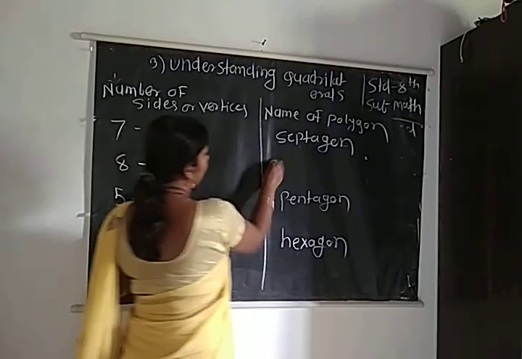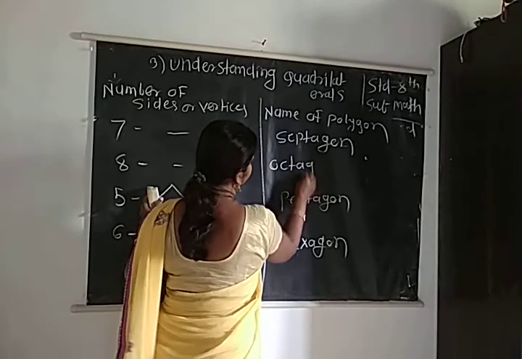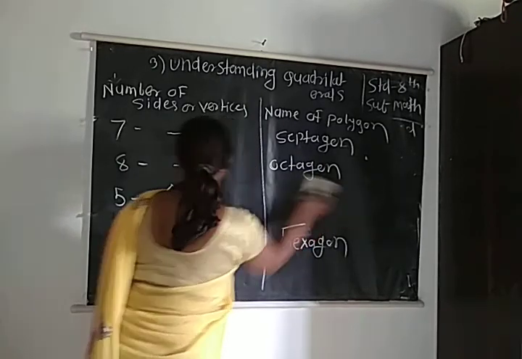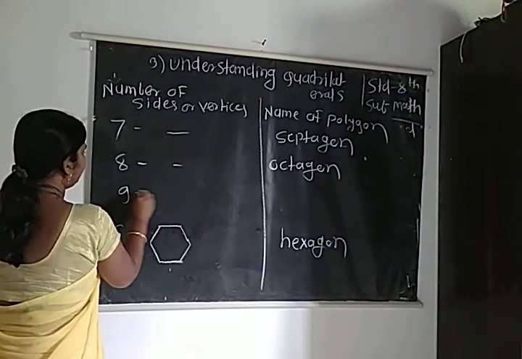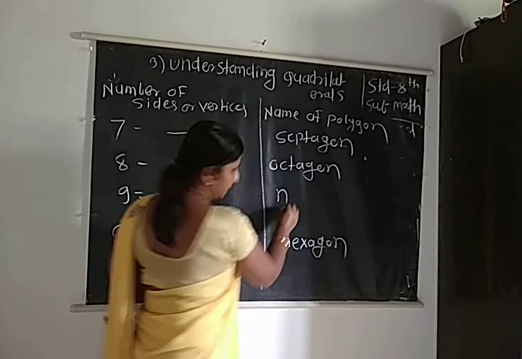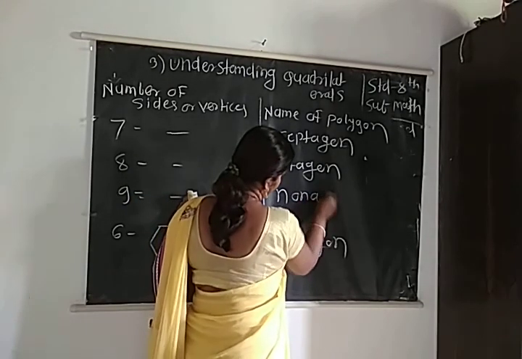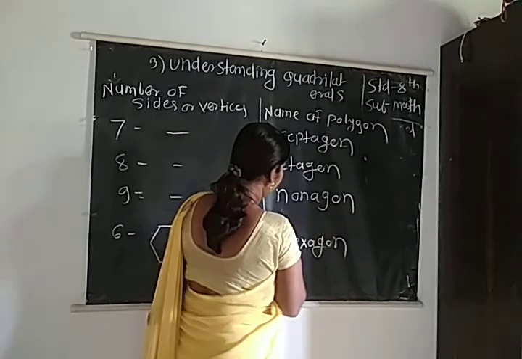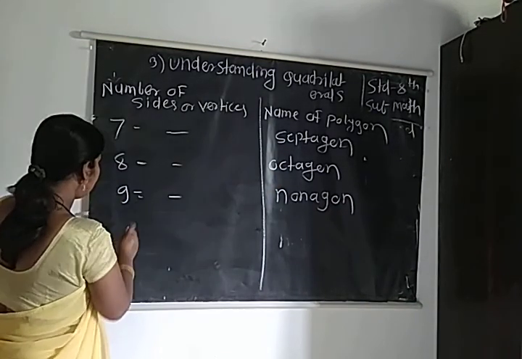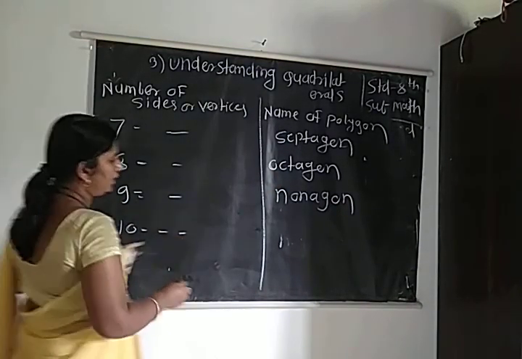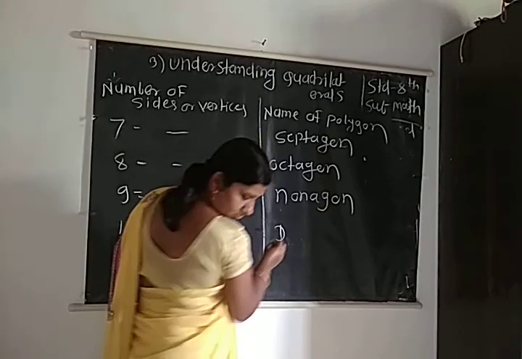This is called an octagon. And now the next is number 9. So the 9-sided polygon is a nonagon. And the last one is the 10-sided polygon. It's called a decagon.